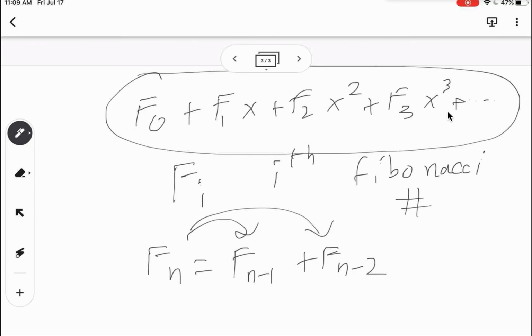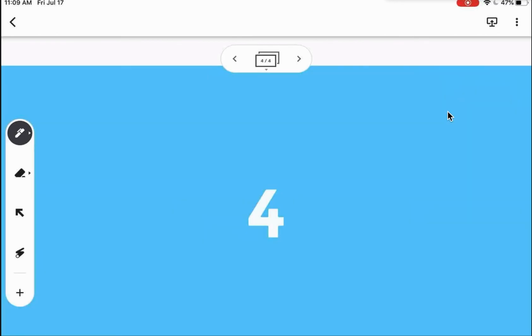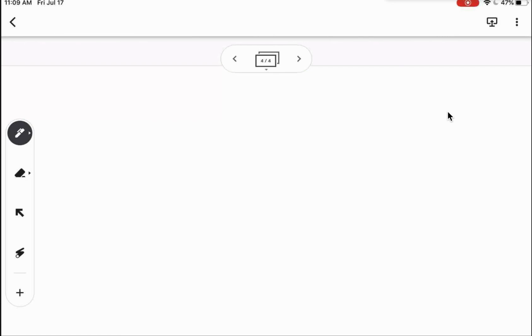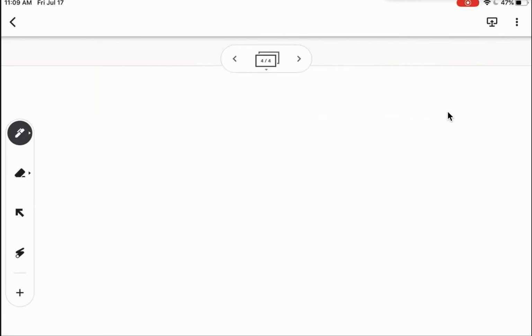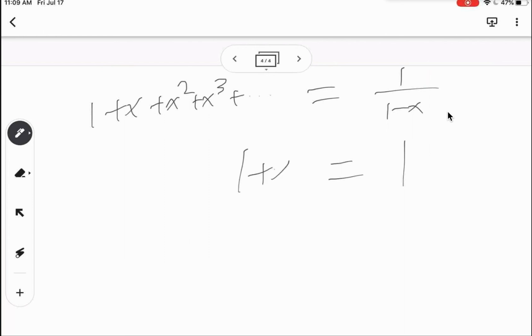And if you remember from the generating functions example where 1 plus x plus x squared plus x cubed to infinity equals 1 over 1 minus x, the way we found this was to multiply both sides by 1 minus x, and then you get 1 equals 1 minus x to the infinity.